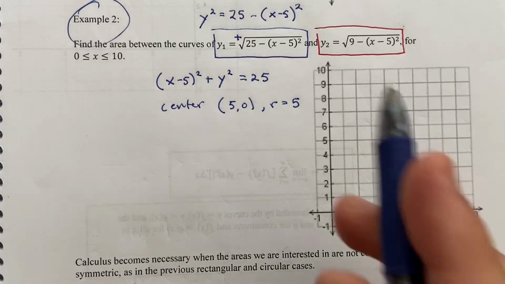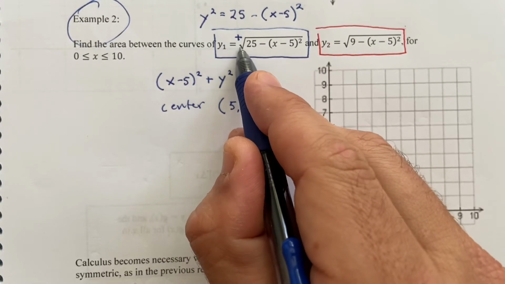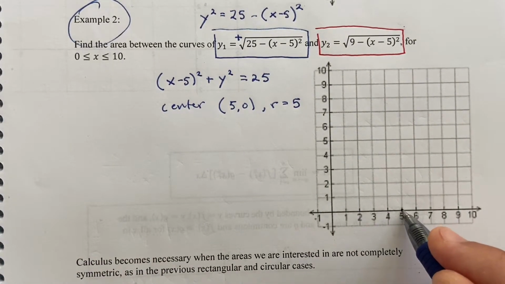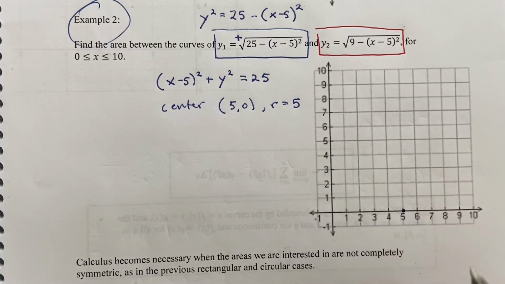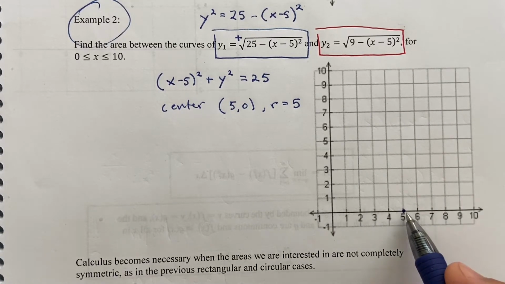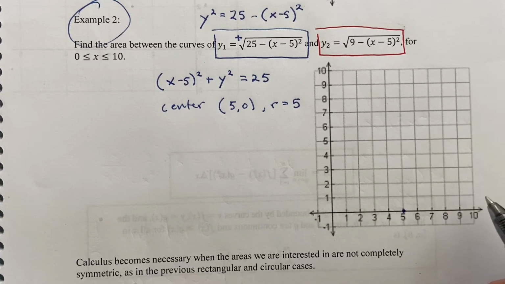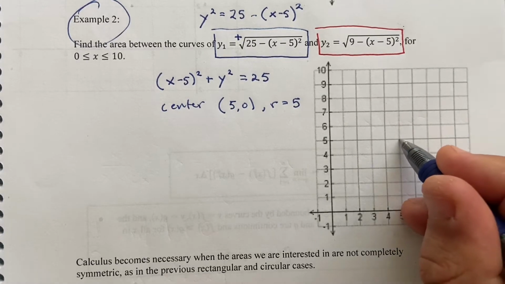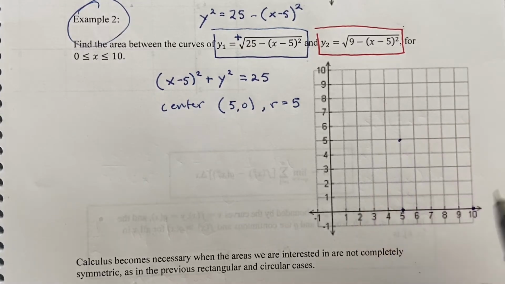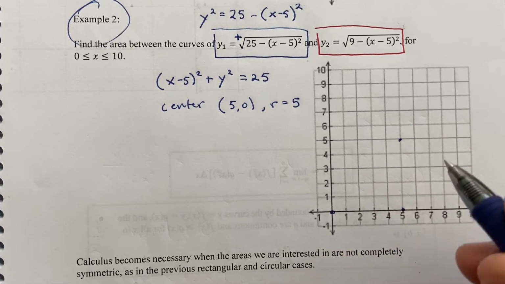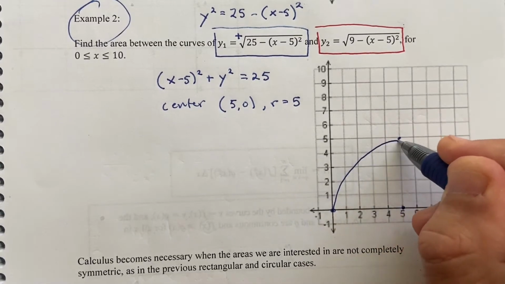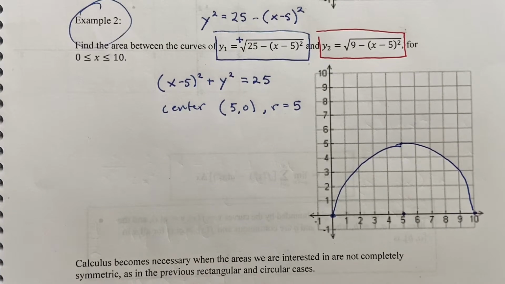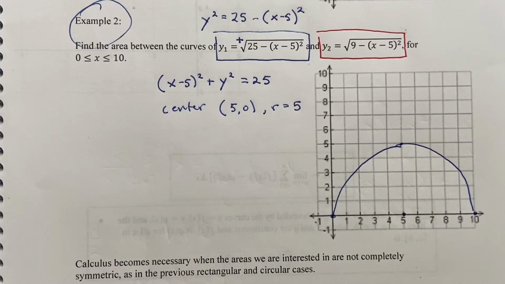But I'm only going to plot the upper half because it was just the positive square root. So right here at (5, 0) we have that center, and then I go a radius of 5 away to the right, left, and up. So we have that semicircle. That's y1.